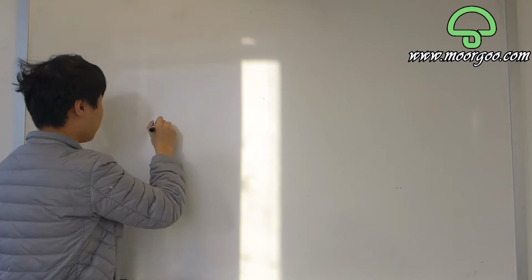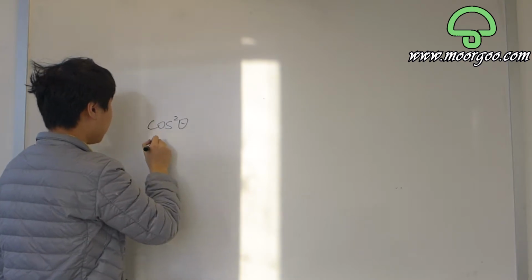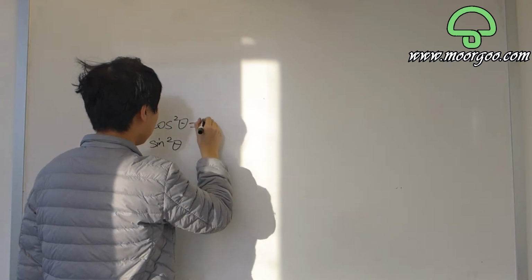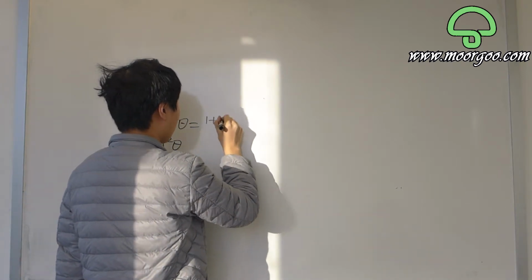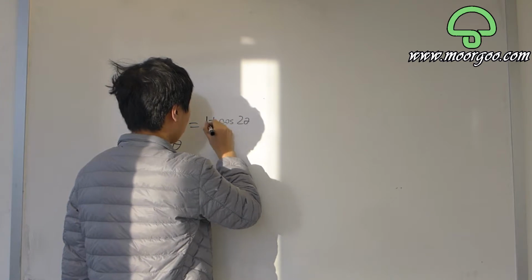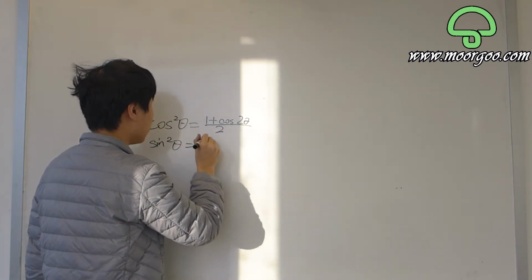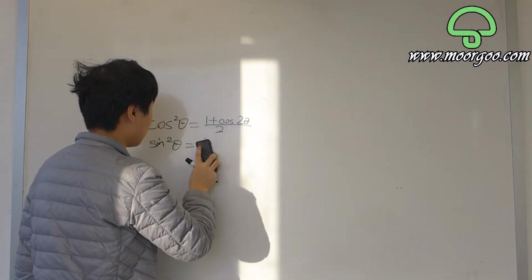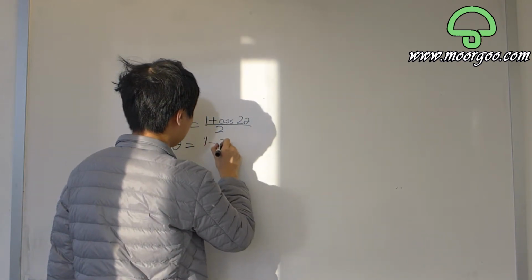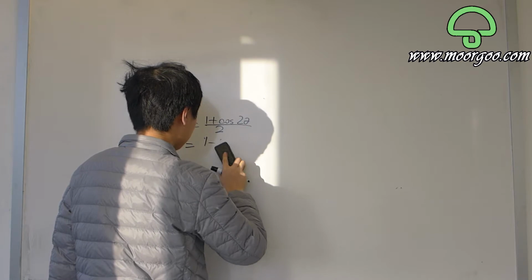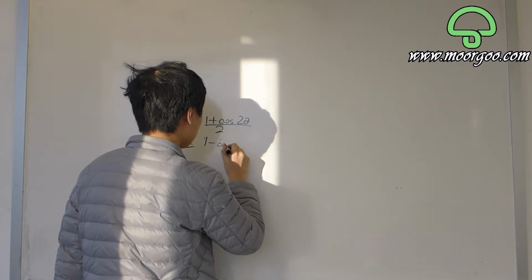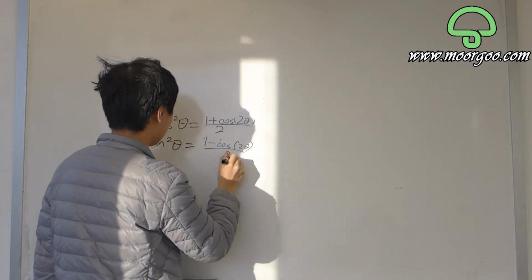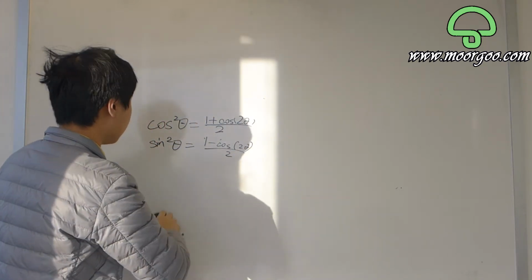By the way, if you see cosine theta squared or sine theta squared, we use trig identities to transform them, making integration easier.